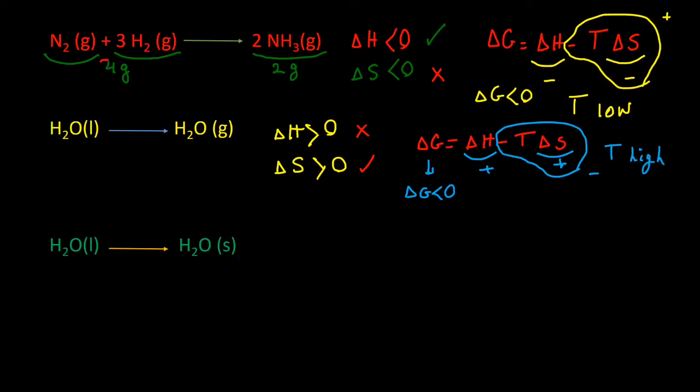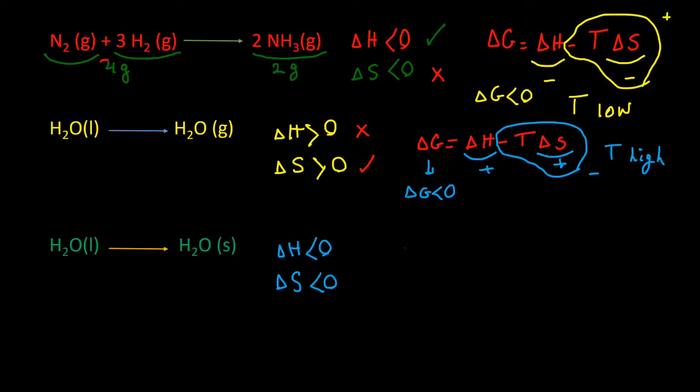We look at one more example, that is H2O, liquid to solid. We know delta H for this reaction is smaller than 0. However, when you look at liquid to solid, it means delta S of system is decreasing.